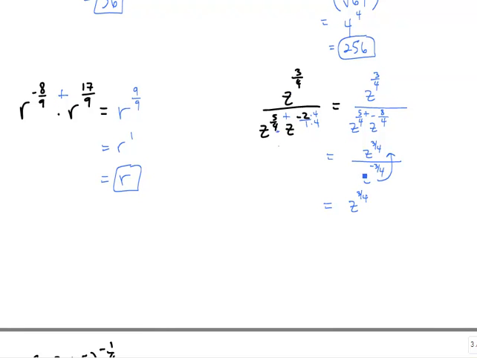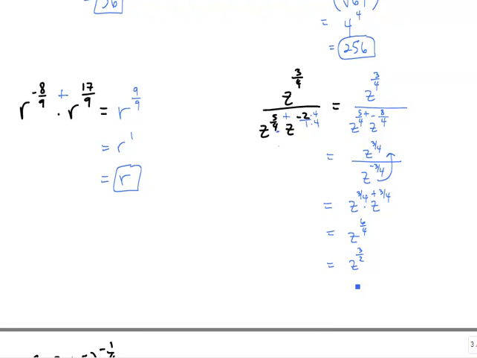And then this z to the -3/4 moves up, and the exponent turns positive. So we get another z to the 3/4 next to the one we already had. Now to simplify these two z's, again we're multiplying the bases, so we should be able to add the exponents. 3/4 plus 3/4 is 6/4, and if we reduce that, that becomes 3/2.